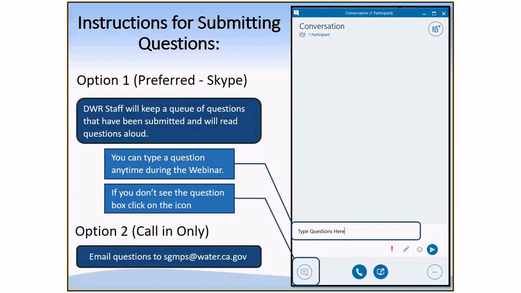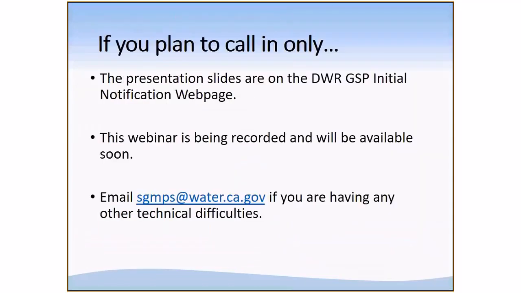If you plan to call in only, our GSP initial notification website has the slides to this presentation, so if you'd like to follow along, you can, and the recording of this webinar will be posted on that website shortly. And if you have any other technical difficulties, please email that DWR email, sgmps@water.ca.gov, and we'll try to assist you as best we can.